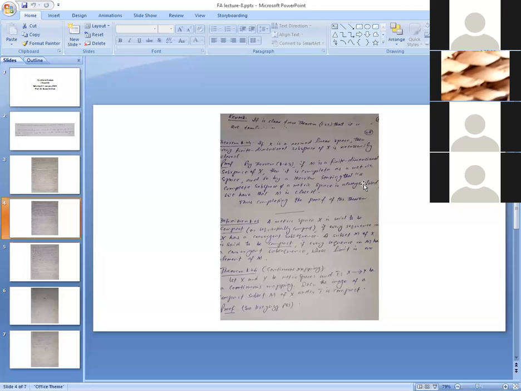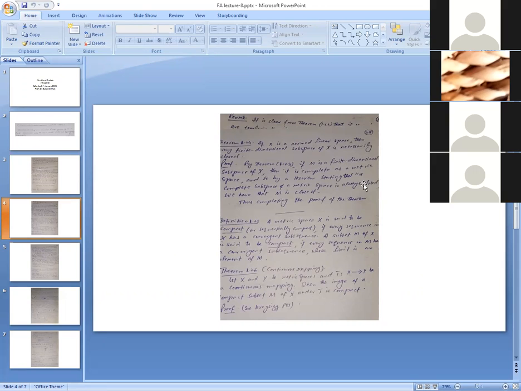Here we are using this concept of compactness. When is a metric space compact? By definition, a metric space X is said to be compact or sequentially compact, because we are using this concept of sequence in the definition of compactness of a metric space. By definition, a metric space X is compact if every sequence in X has a convergent subsequence.